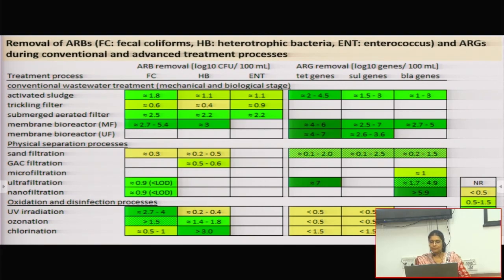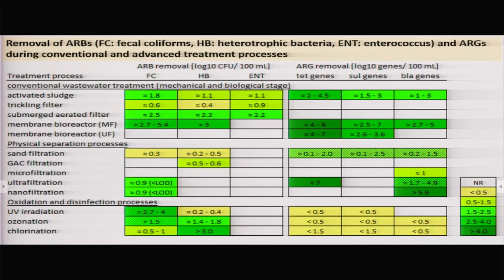I will be giving you these materials. You can see on your own what the relative efficiencies of removal of each of these components are. Here, FC is fecal coliforms, HB are heterotrophic bacteria.